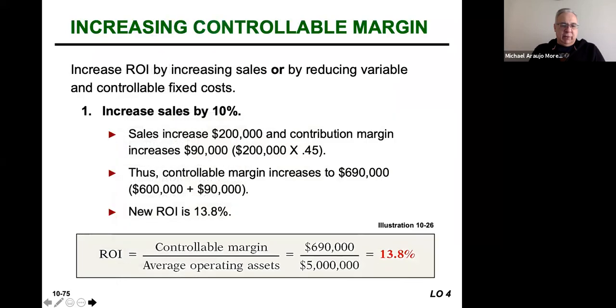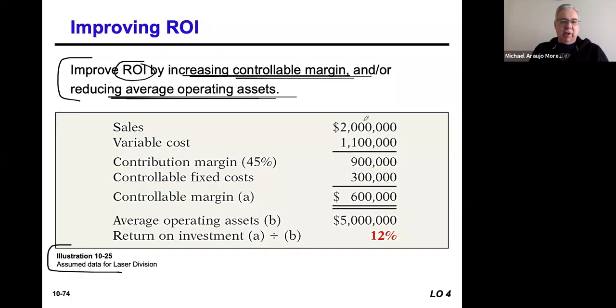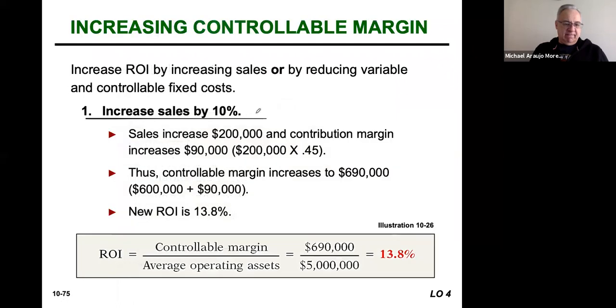Well, what if a few things changed? What if we had higher sales? What if sales were increased by 10%? Again, we were looking at $2 million of sales. What if they were 10% higher?